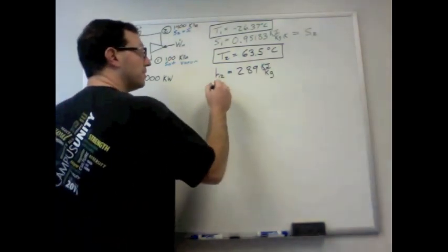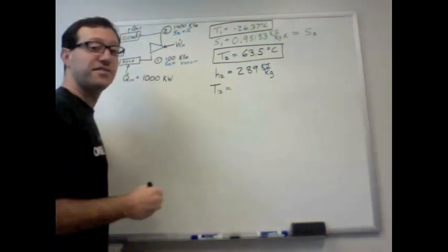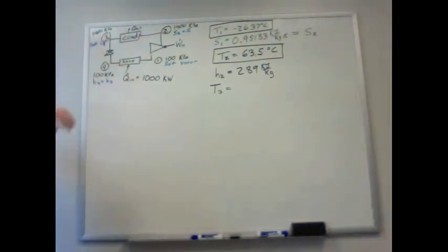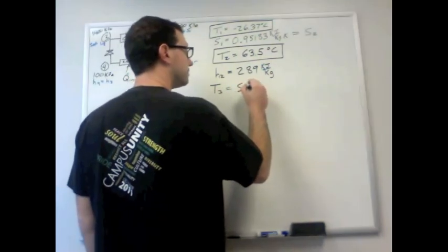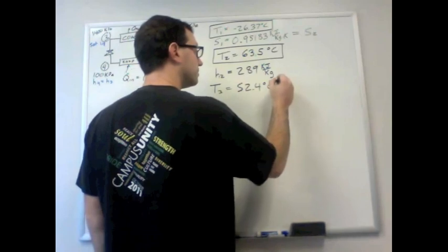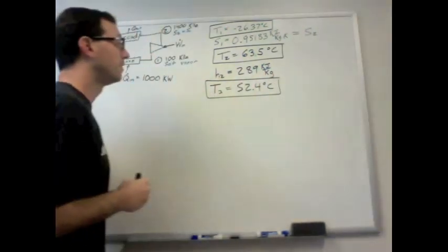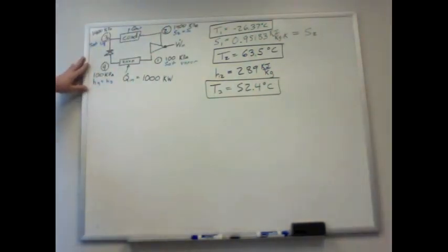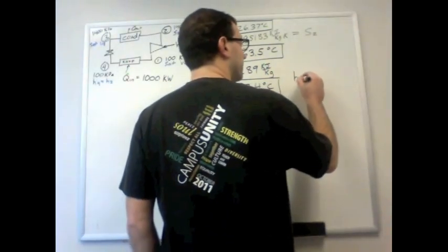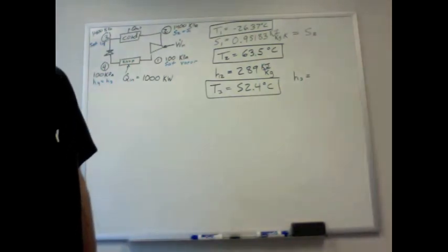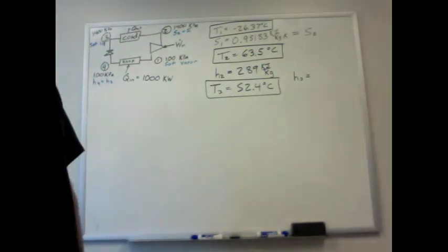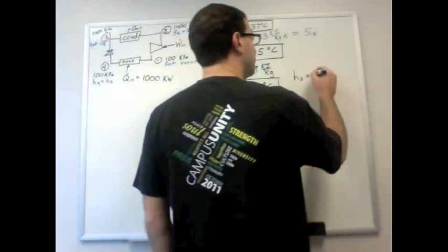All right, going forward, temperature 3. State 3 is saturated liquid at 1400 kilopascals, so its temperature is just the saturation temperature at 1400 kilopascals, which is 52.4. And finally, state 4, well, we can get the enthalpy there. Enthalpy 3 is going to be Hf at 1400 kilopascals, which is 127.2.